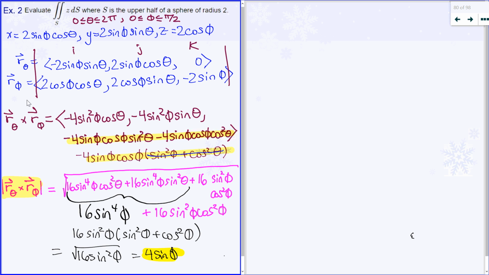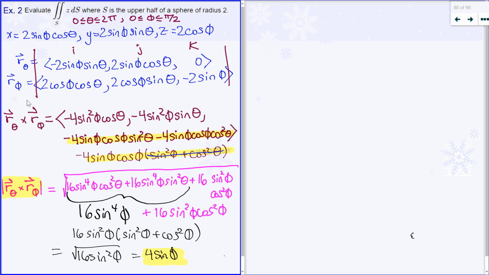This is something you have to keep in mind, that you might be doing this with spherical coordinates again, but you don't want to redo this process. So keep in mind, if the radius is 2, the cross product of r theta and r phi is 4 sine phi. So just don't do it again. What do you think it is if the radius is 1? Yeah, it's just sine phi. And this is for a hemisphere, it doesn't even matter.